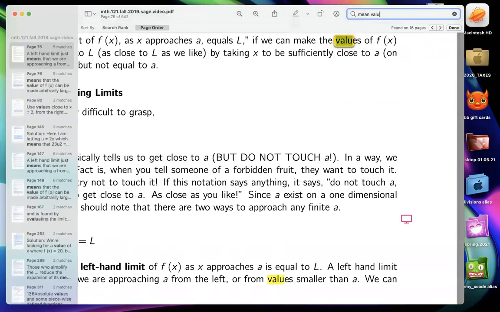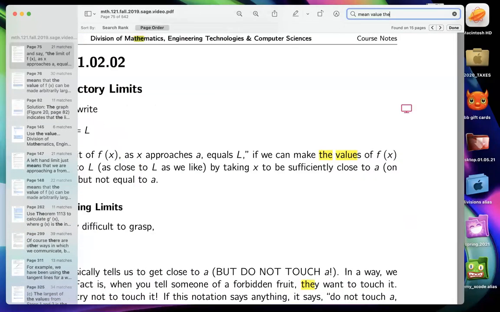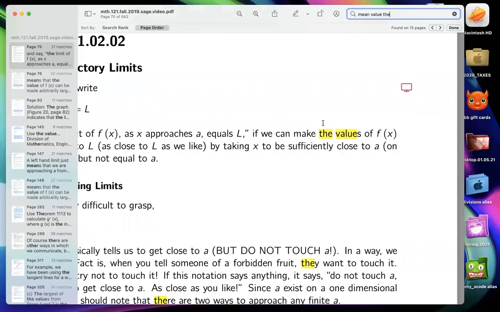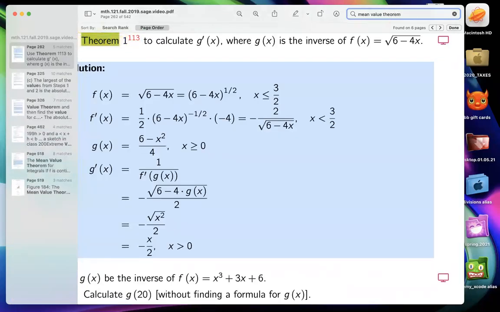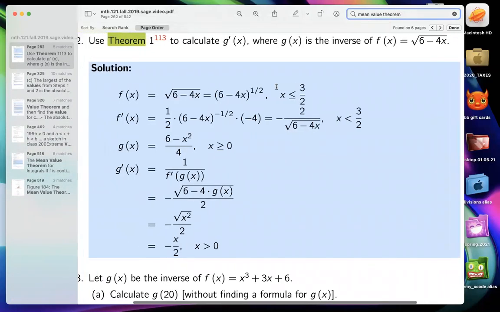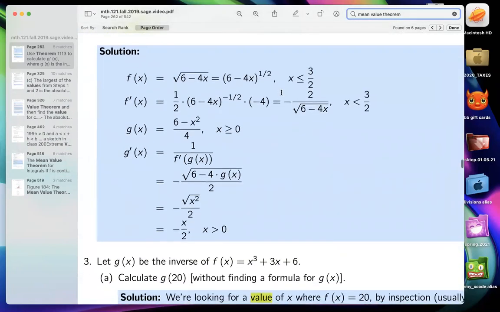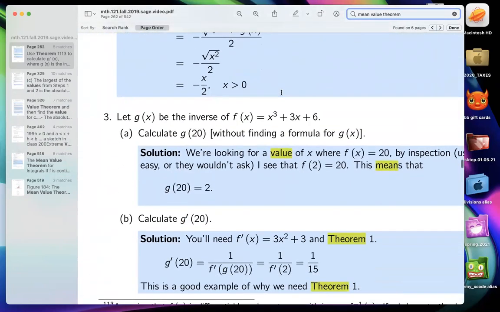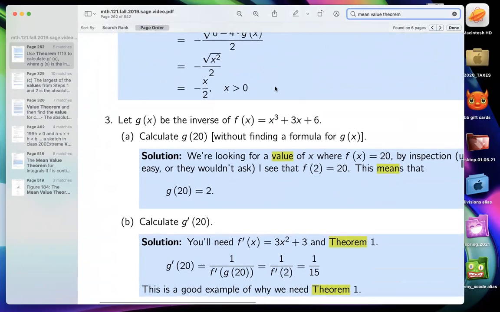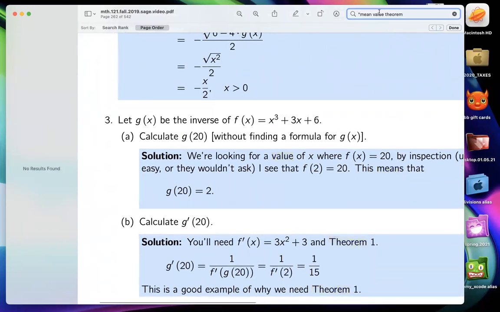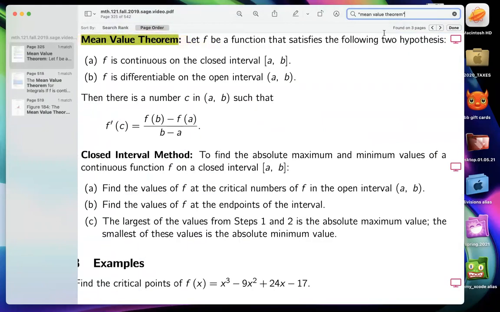I'll see if I can find it. Let me see if I got this. You know what? I'm going to go back to my index. Let me put quote marks on that. Oh, right there. I'm sorry. I should have put quote marks on it.